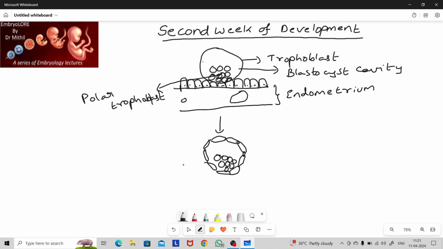Now what is happening is that the erosion of the uterine endometrium has occurred, and it is going further deep inside. This is the columnar epithelium, and here the same.